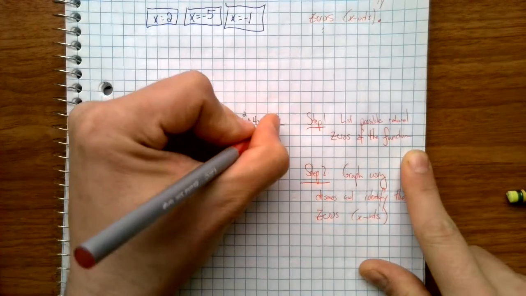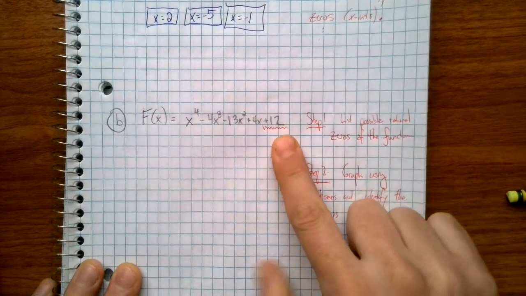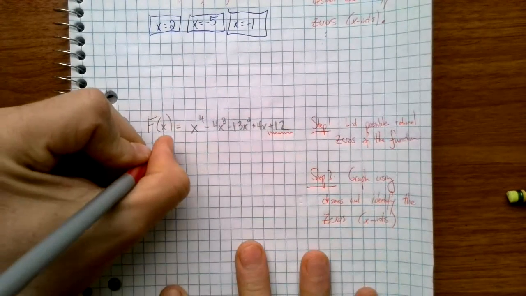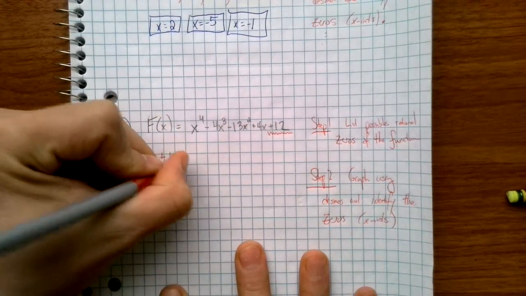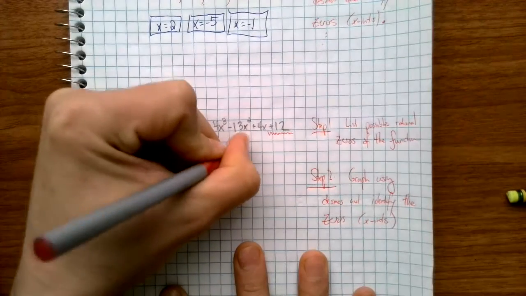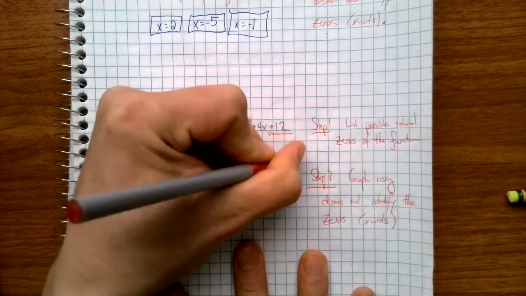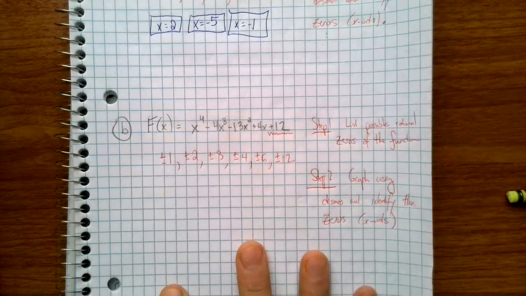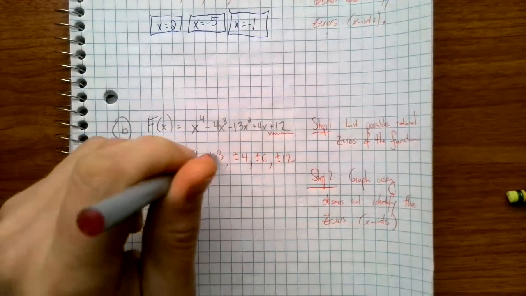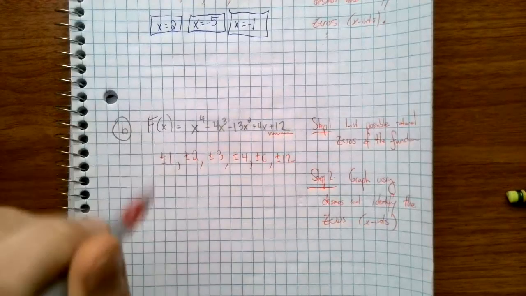We're going to do that by listing all of the possible factors of 12. So we have positive or negative 1, positive or negative 2, and so on. Now we know these are the possible places where this function should cross the x-axis.